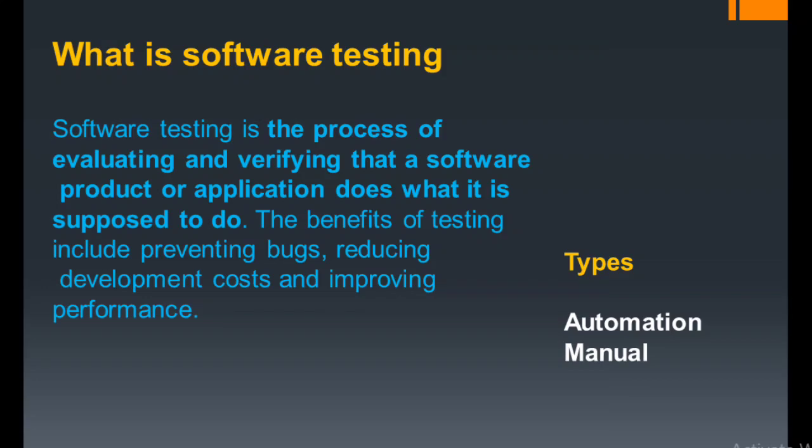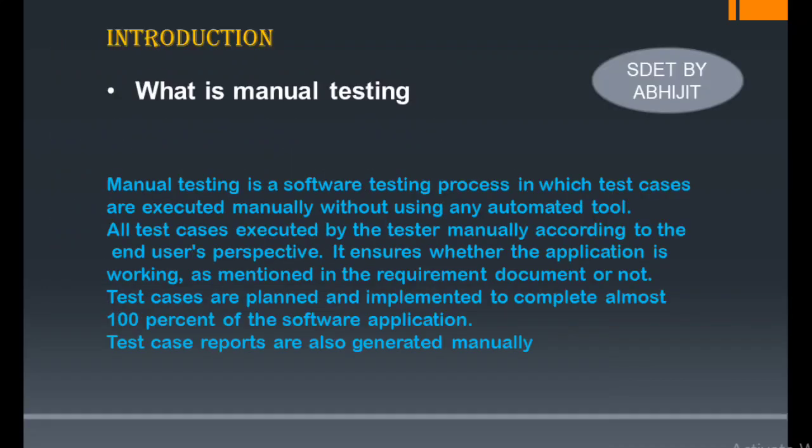There are two types of software testing, that is automation testing and manual testing. In this session we are learning manual testing. Moving to the next topic, what is manual testing? Manual testing is a software testing process in which test cases are executed manually without using any automated tool.